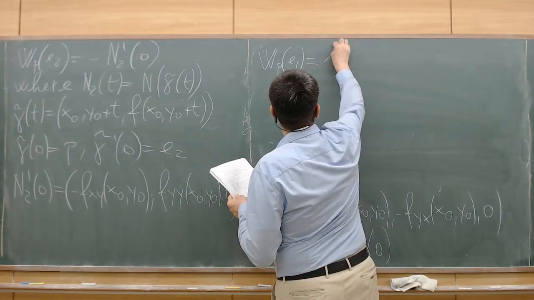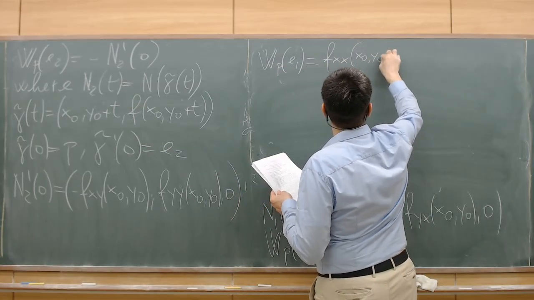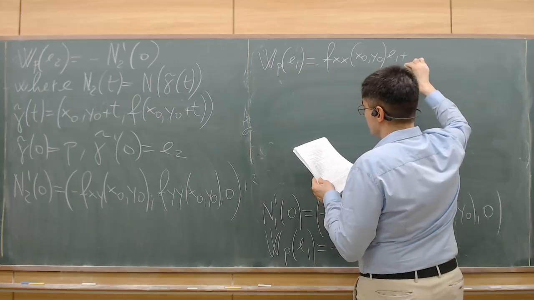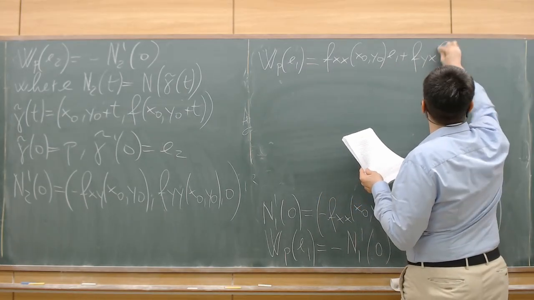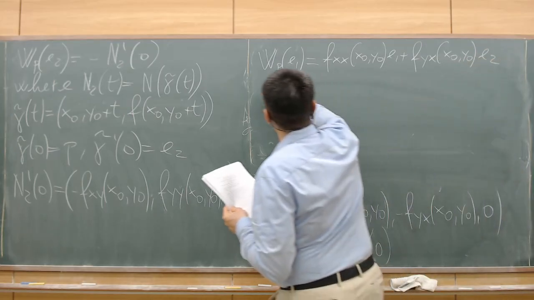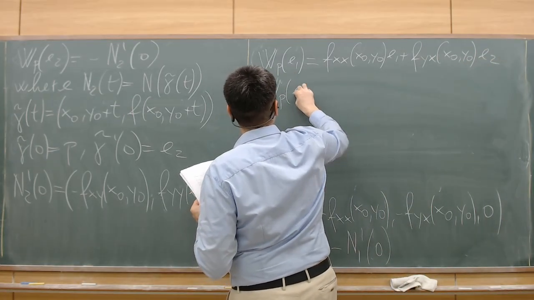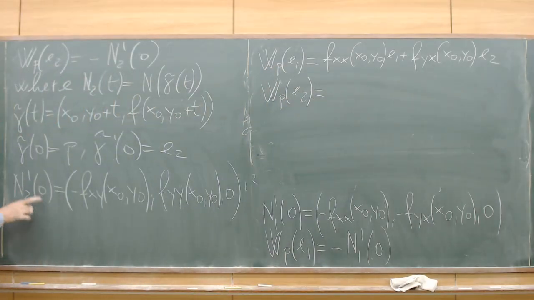So this can be written as fxx at x0, y0 times E1 plus fyx at x0, y0 times E2, and WP E2 is n2 prime of 0 after a change of sign.